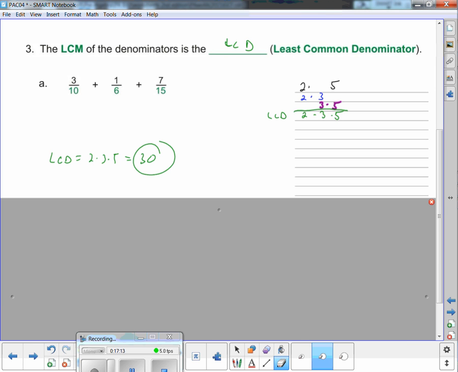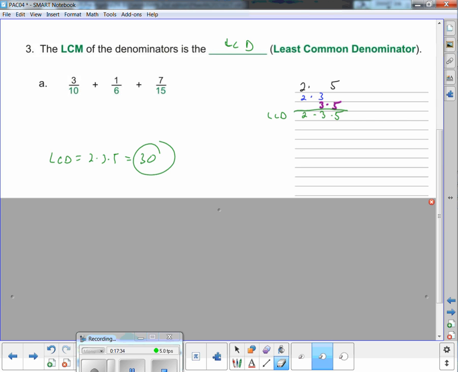I picked easy numbers because I want to show you the value of the LCM, which again is the LCD if you do it of the denominators. Our common denominator is 30. These are numbers you could have figured out in your head, but I want to show you the value of the LCD.